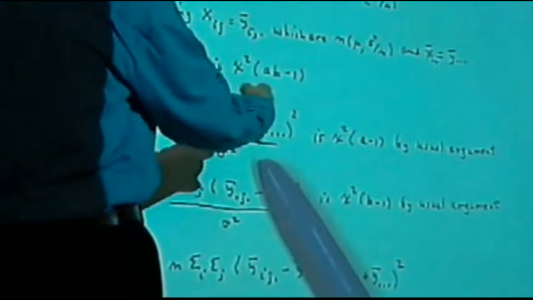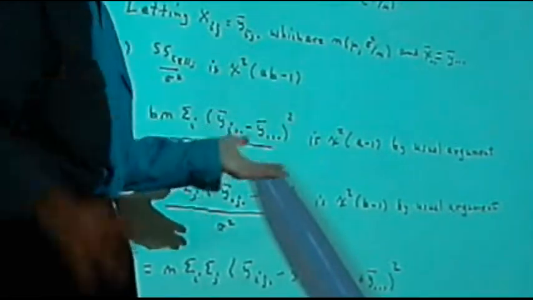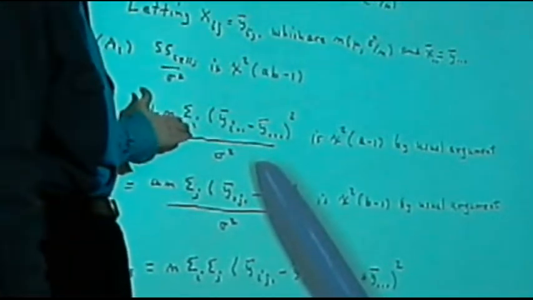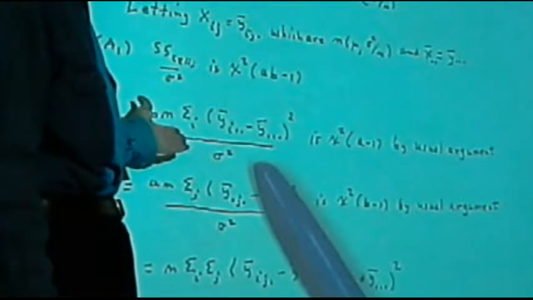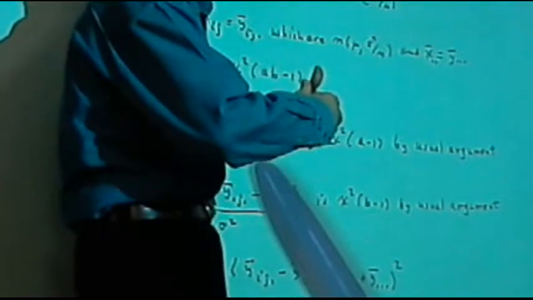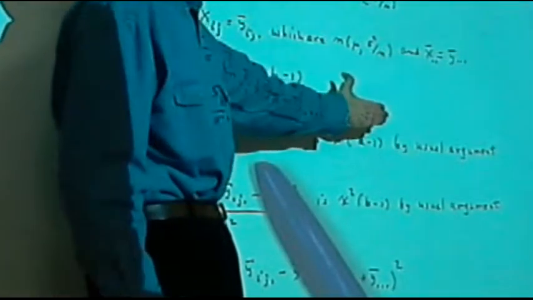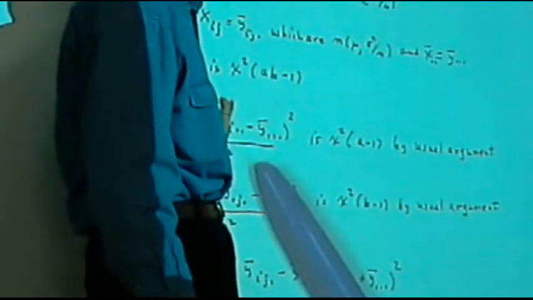And so what I'm looking at here, I can go back to A1 and just directly claim this kind of thing has got to have a chi-square distribution with A minus 1 degrees of freedom. So that's what I mean here by simply saying by the usual arguments. This is not supposed to be hard. There's a couple steps in there.